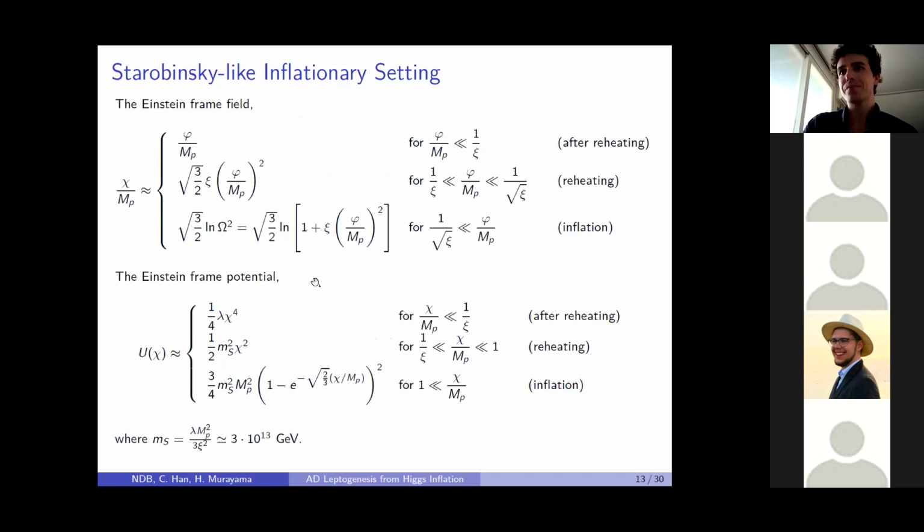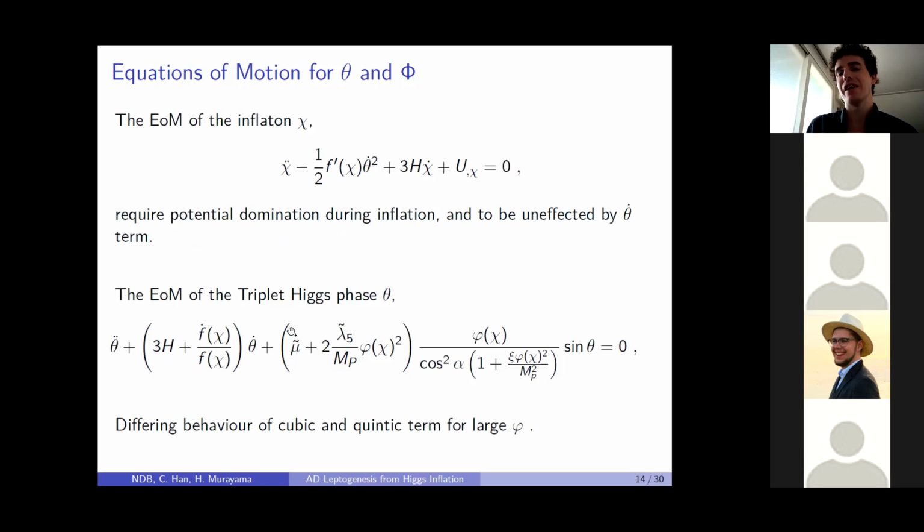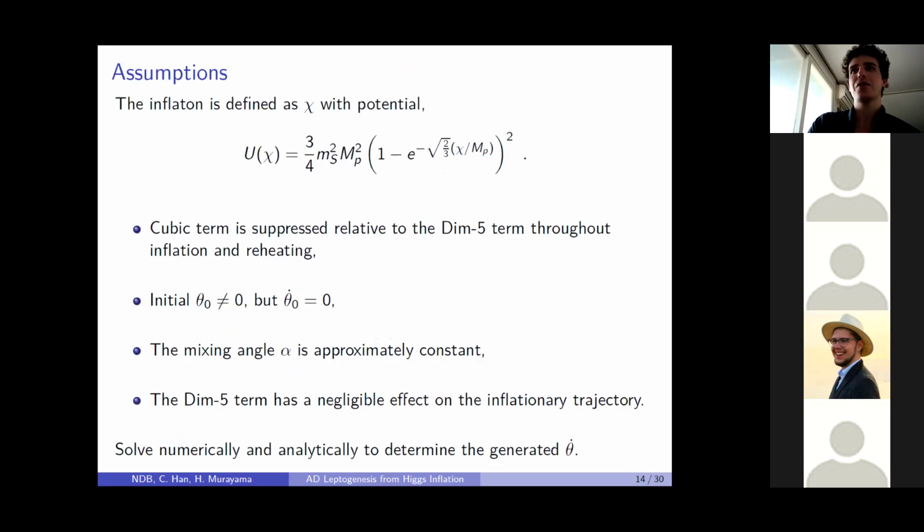And so here you'll have an inverse exponential, which means that this term is suppressed for large field values, while this term is enhanced for large field values. And so at the very beginning of inflation, we'll find that this term is more important than this term. Well, we sort of require this, with this term only becoming important once field values become smaller. So yes, here is the equation of motion.